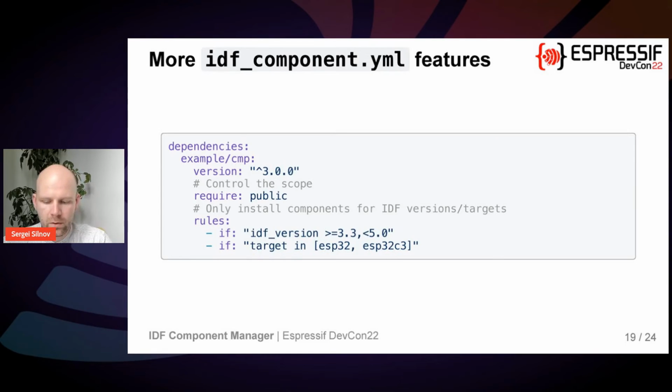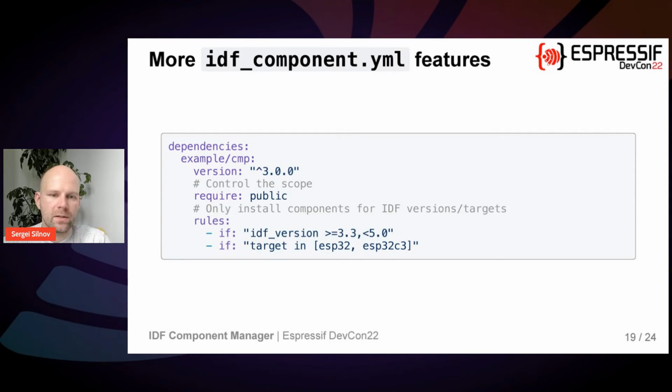First of all, normally when you're adding some dependency through CMake list.txt files, you have to specify how the component will be required. Will it be private requirement or a transient one? You have the same option with the Component Manager. By default, all components required as private ones.